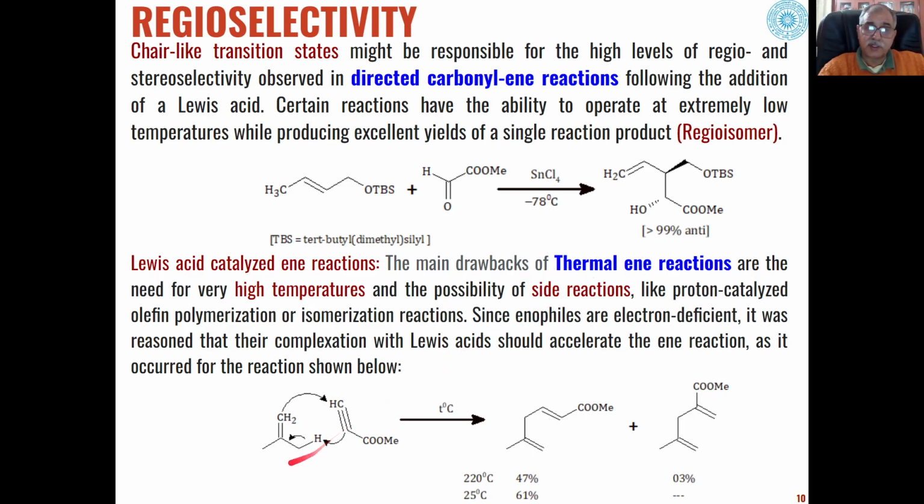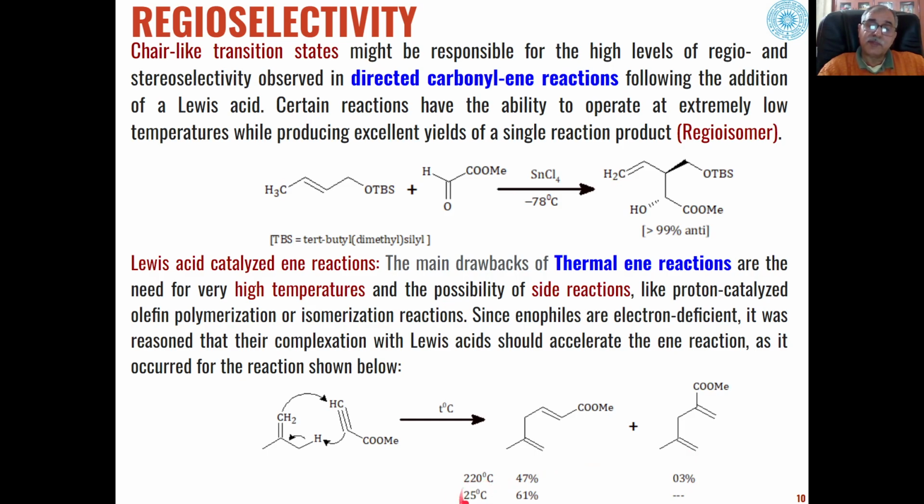For example, if we use this allylic compound with an alkyne of this type, this is a terminal alkyne. If the reaction is performed at a high temperature of the order of 220 degrees centigrade, then 47% of this regioisomer is formed and only 3% of this is formed.